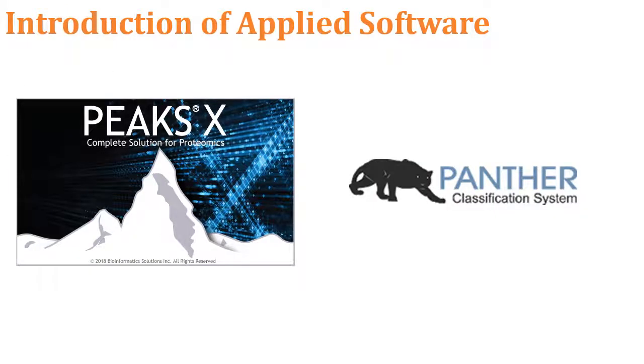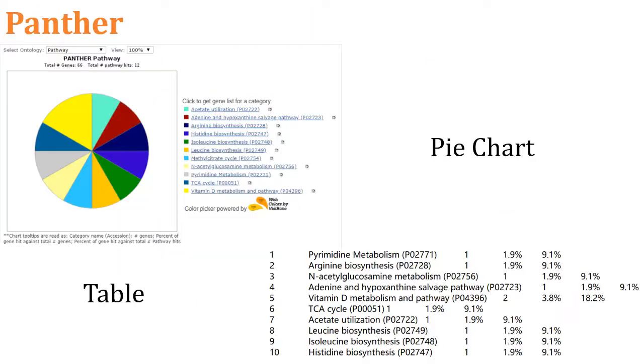To further interpret the protein differences in terms of biological processes, molecular functions, and pathways, the data was exported and formatted from PixStudio, then processed by the Panther online platform. The Panther classification system is a comprehensive system that combines genomes, gene function classifications, pathways, and statistical analysis tools to enable biologists to analyze large-scale genome-wide experimental data.